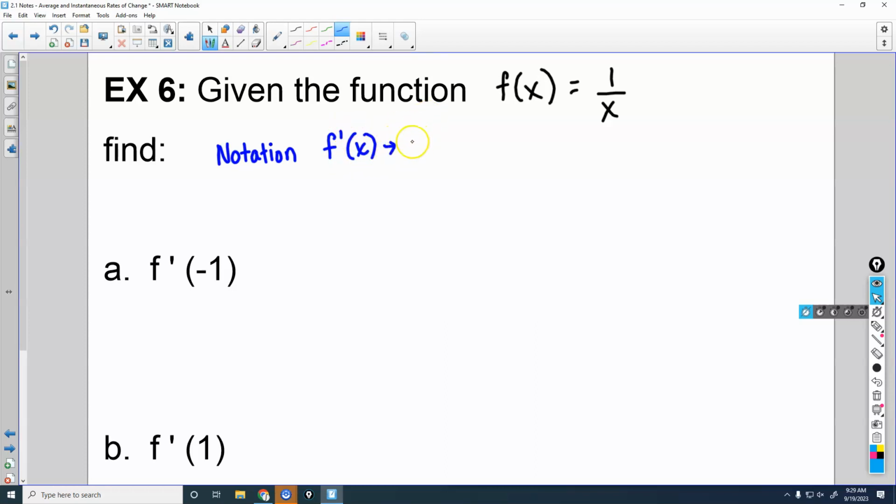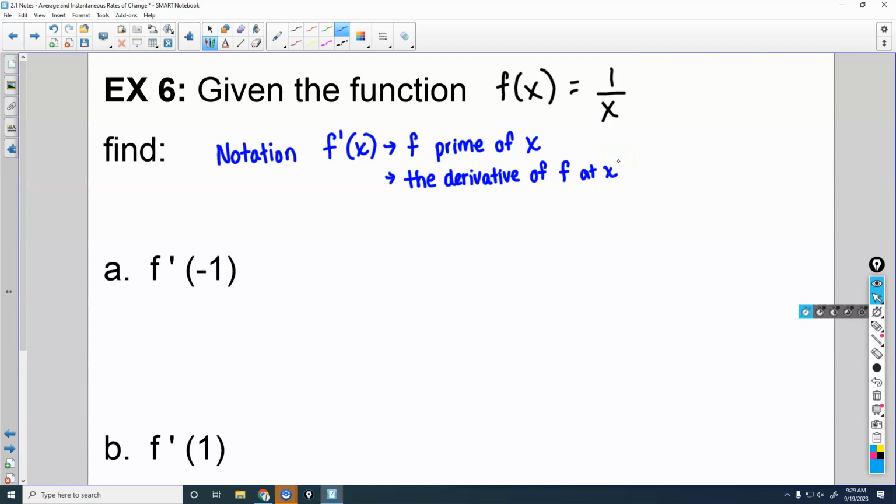It is read as F prime of X. It means the derivative of F at X.